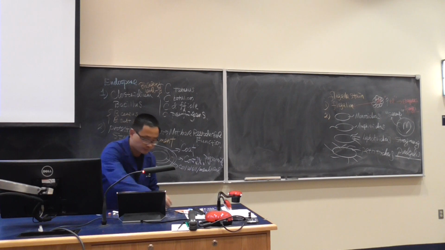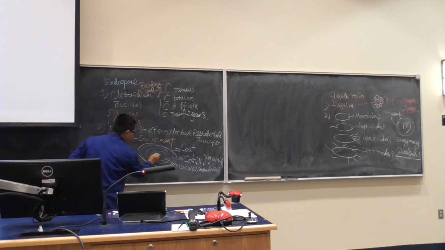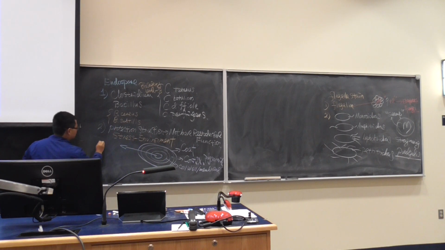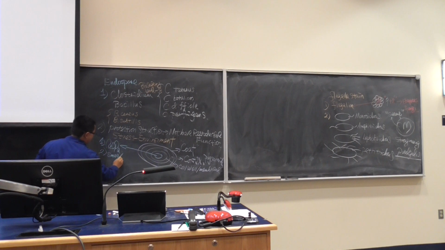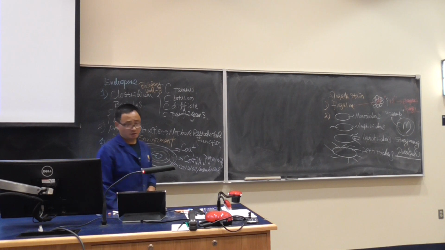The big deal is right in the middle. Right in the middle, there are two major special structures. Number one, calcium dipicolinic acid, calcium DPA. The second one is the small acid-soluble protein. Because of this special structure, the endospore survives.